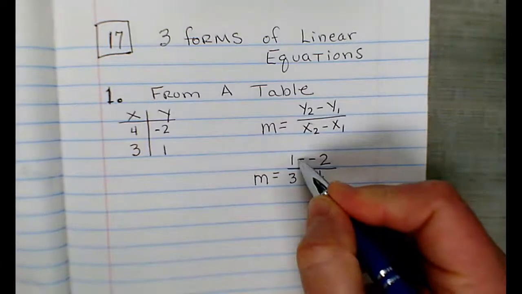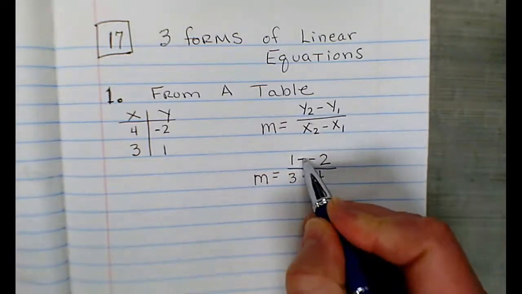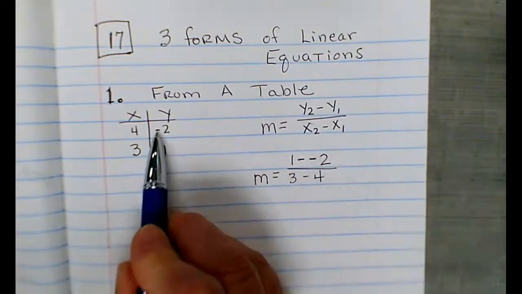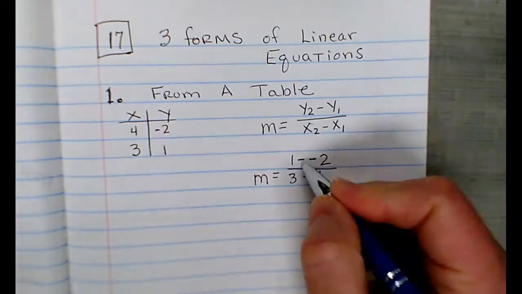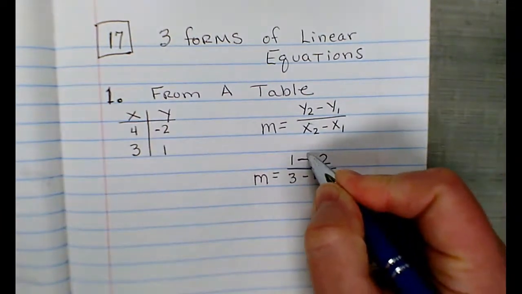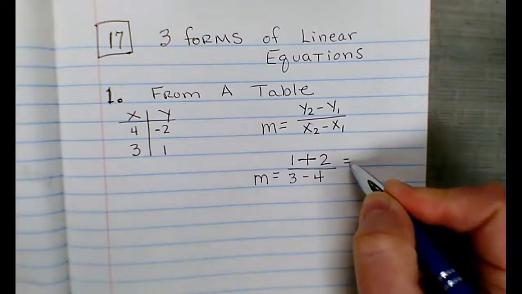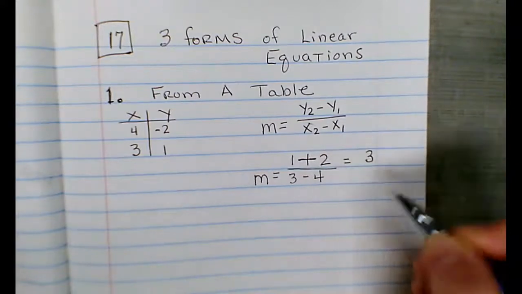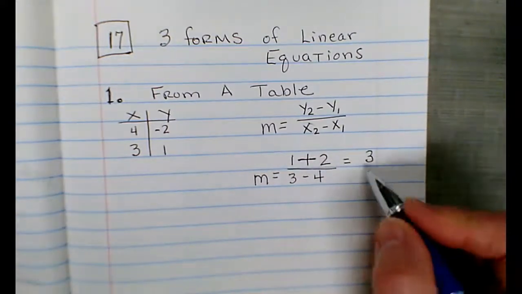Now, this minus is from the formula. This minus is from the minus 2 right there. Minus a minus makes a plus. And 1 plus 2 would be 3.